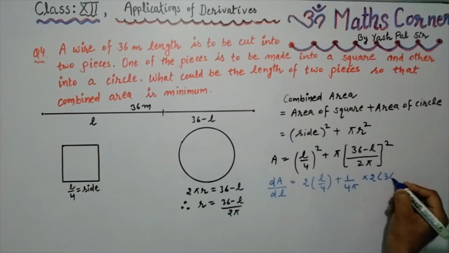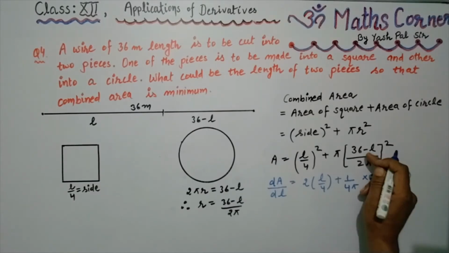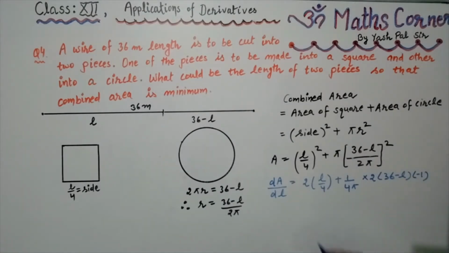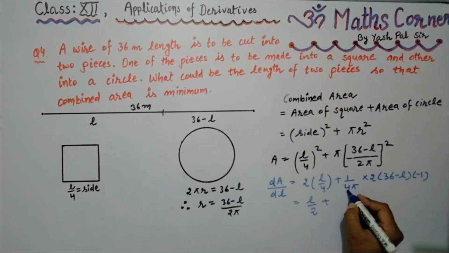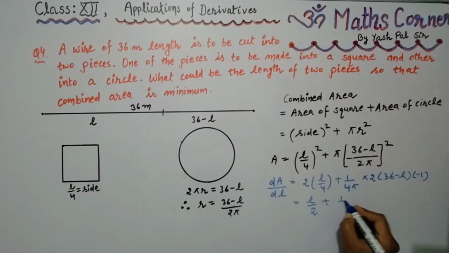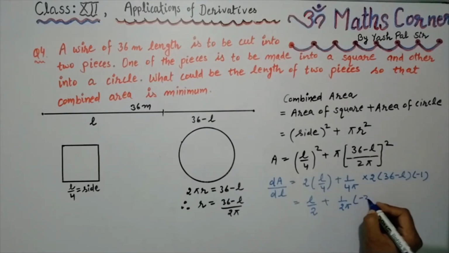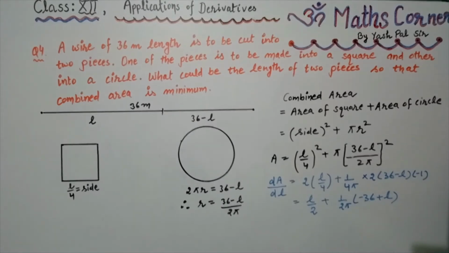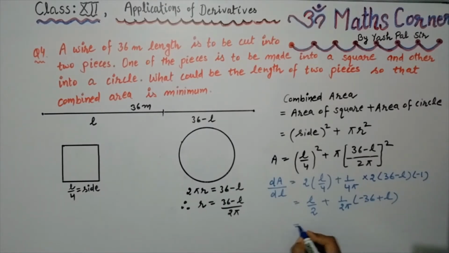Okay, so here derivative will be into 2 into 36 minus L into again derivative of 36 minus L, which is equal to minus 1, right? So this is equal to 2L upon 4, that is L upon 2, plus 2 upon 4 pi is 1 upon 2 pi, and this is minus 36 plus L.